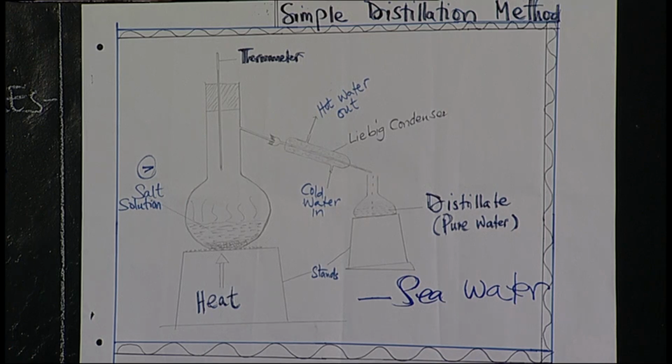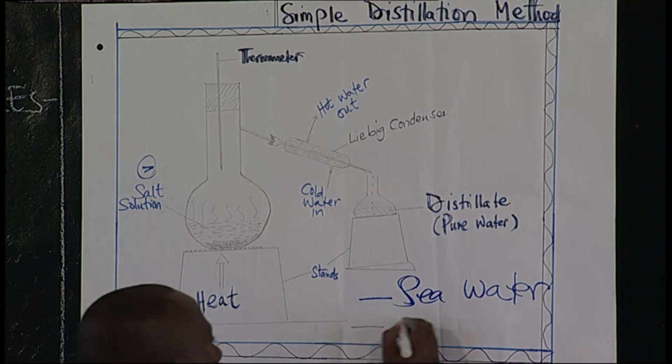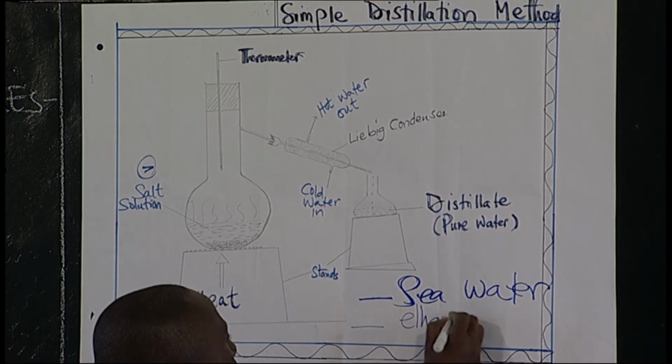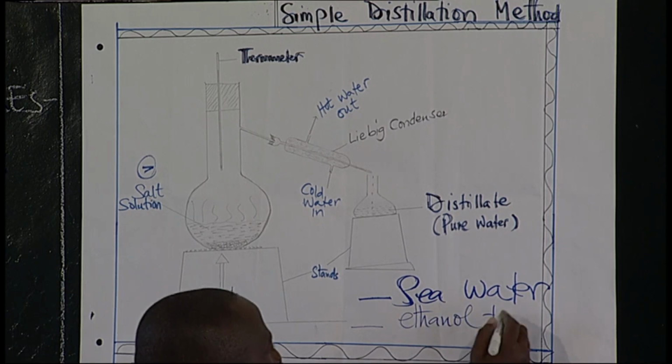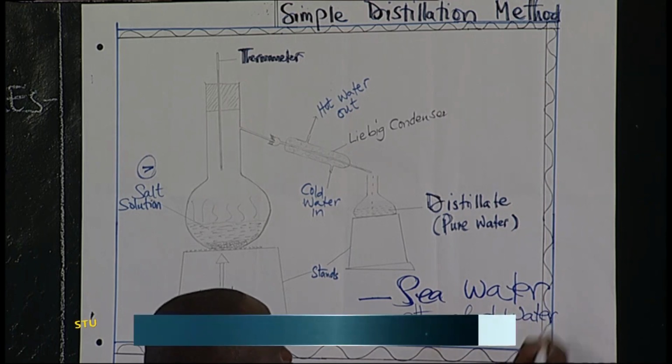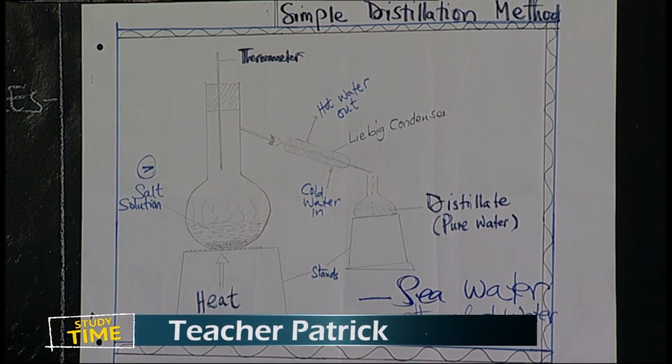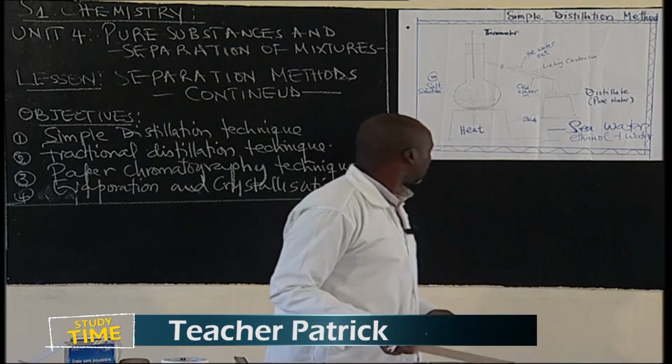Before we look at the principle, another mixture that can be used in simple distillation is ethanol and water. We are looking at the boiling points of these substances.